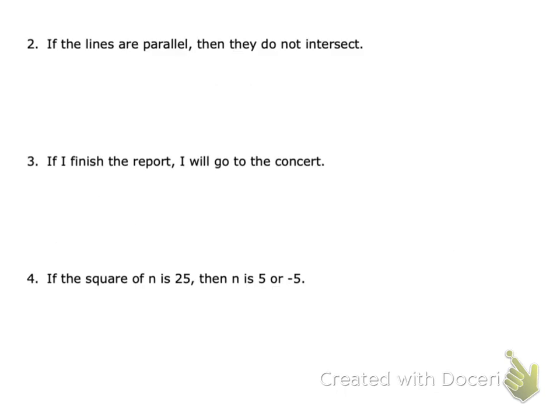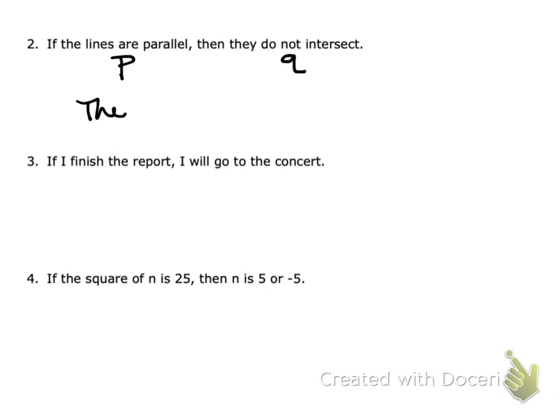All right, let's look at number 2. If the lines are parallel, that's our P, then they do not intersect. That's our Q. How would we negate that? Yeah, Elise? Good.